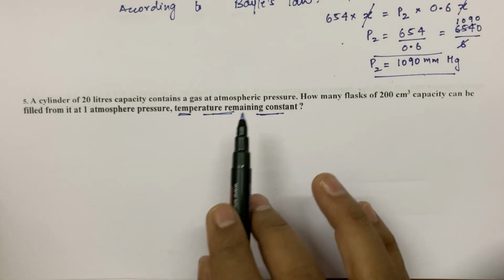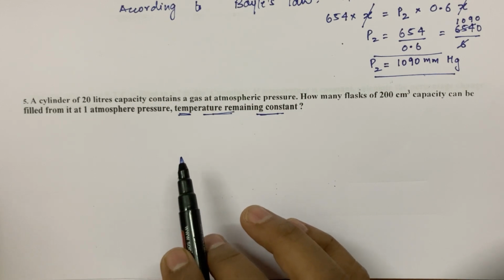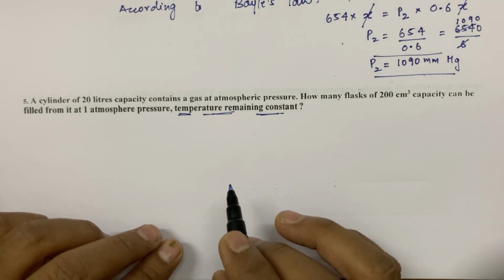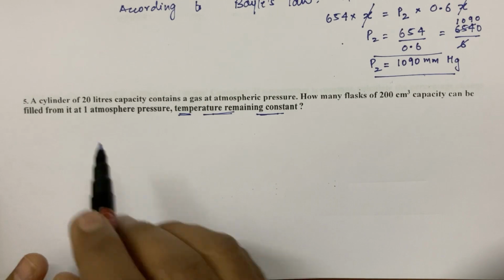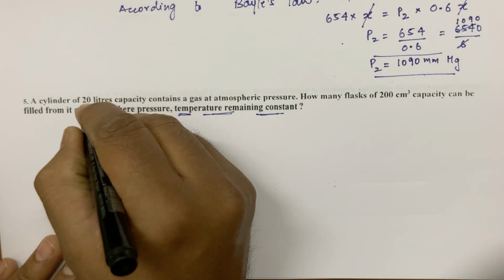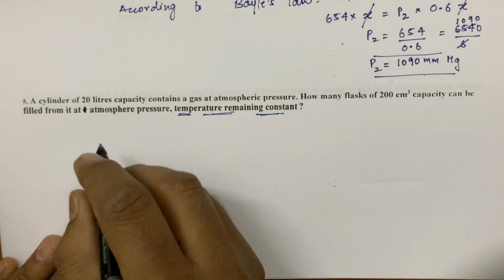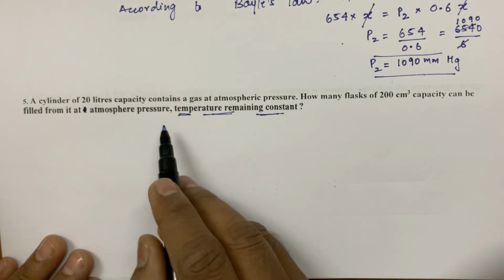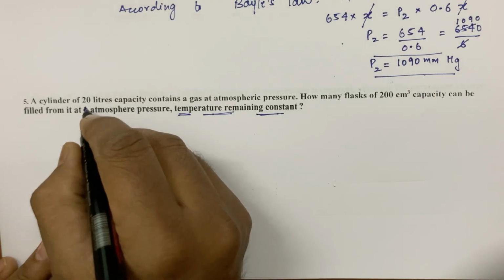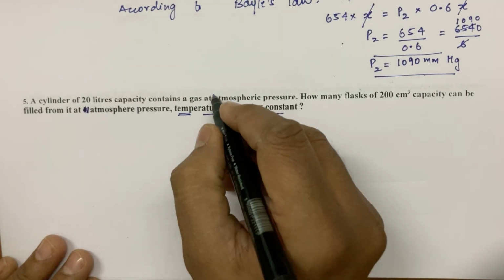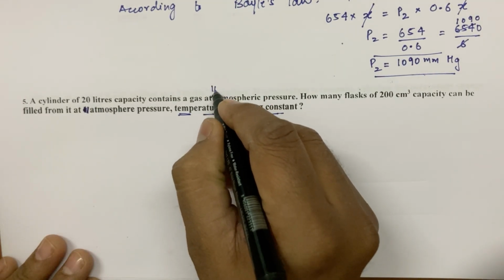Alright, now I think here there is some mistake. I think the question here is a little bit wrong. I think this is containing 20 liter. Yeah, so this is 1 atmospheric pressure and this is at 100 atmospheric pressure.